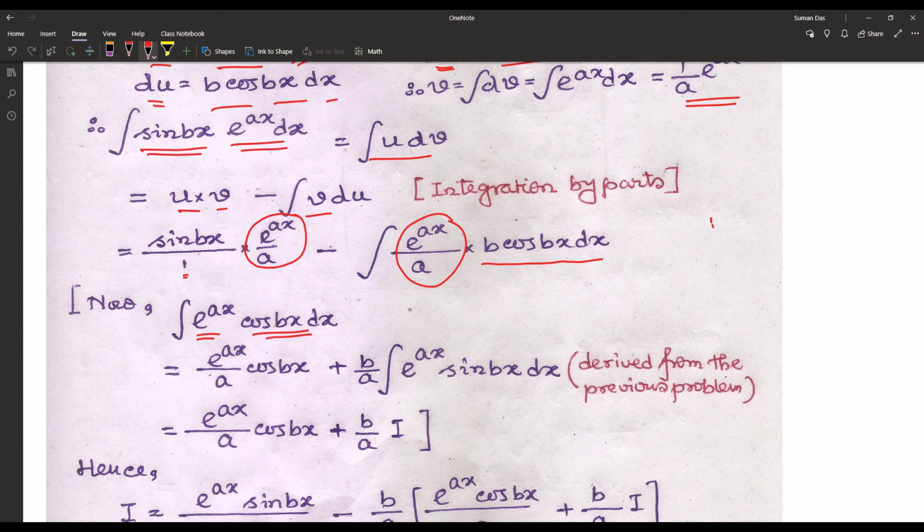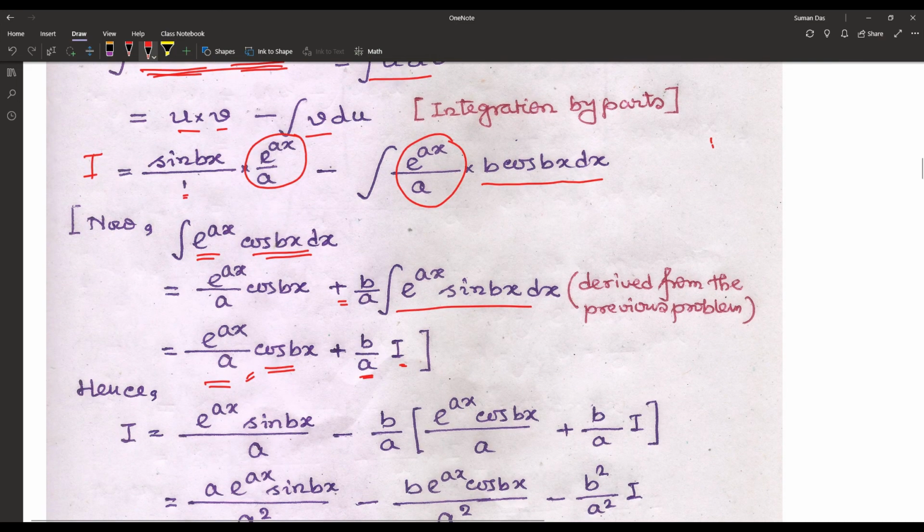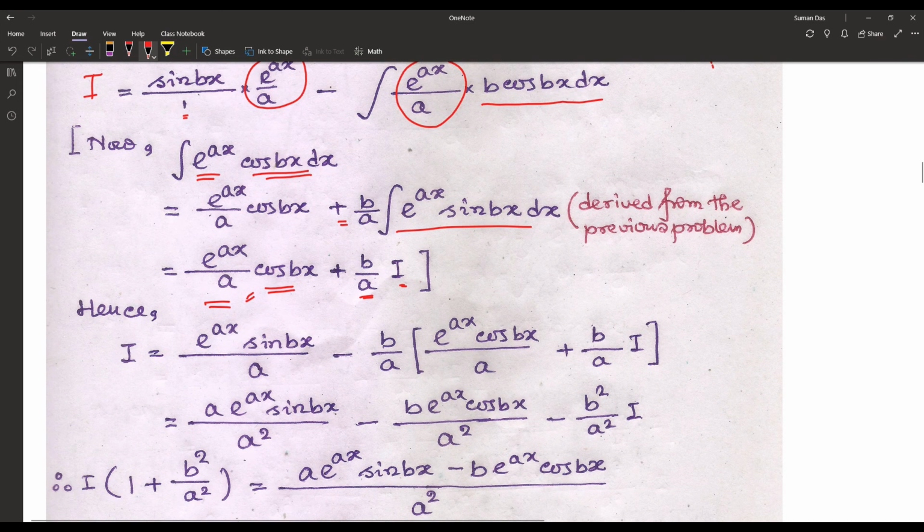So the result gives us here, that one is plus. We can write it as e to the power ax divided by a of cos bx plus b by a I, because that one was our I previously, which we have written as I. Let's check here. We are just using the value of the integration of e to the power ax cos bx here, minus b by a into that one.